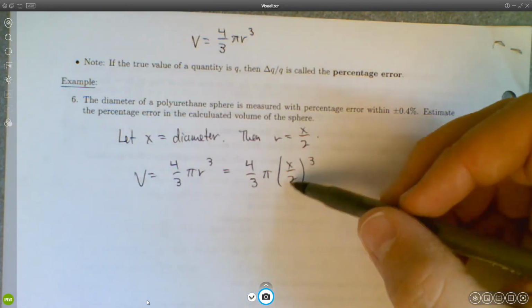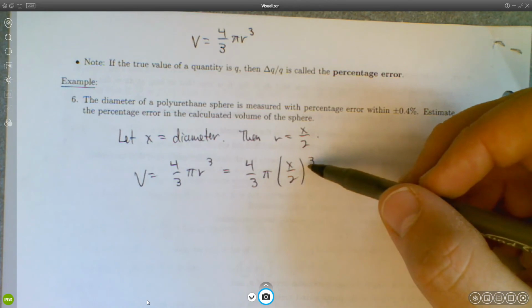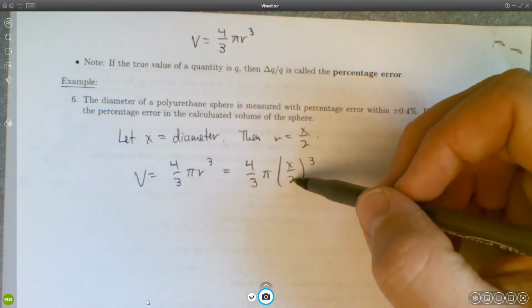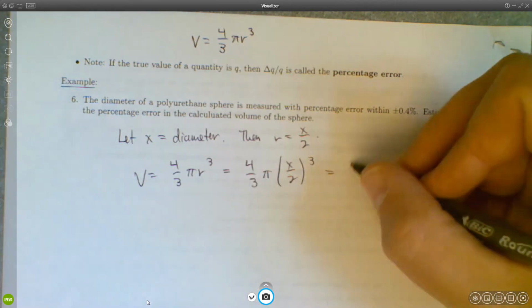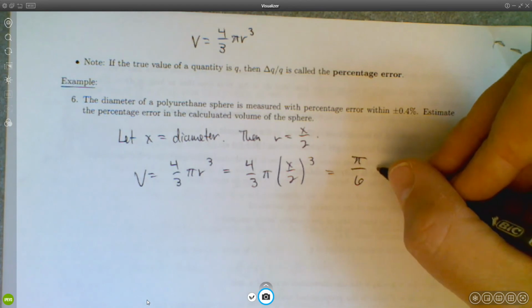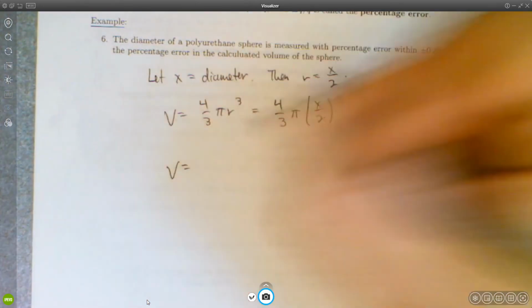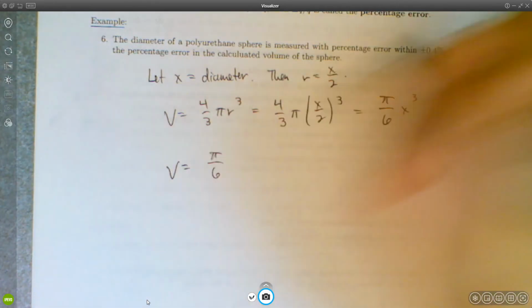Now let's see, 2 cubed is 8. 8 and 4 will cancel and leave a 2, so I think we'll have pi over 6 x cubed is the volume. Okay, so V is pi over 6 x cubed.